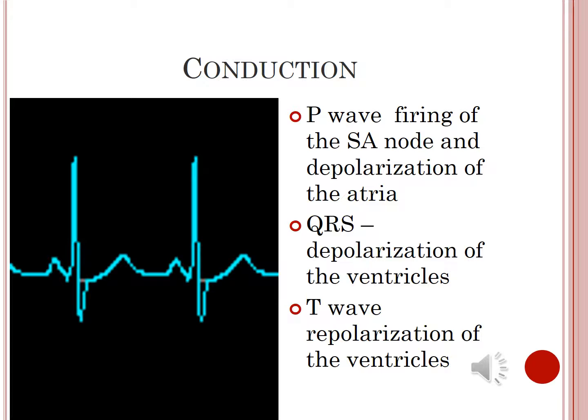That is considered the P wave. The P wave represents the firing of the SA node and the depolarization of the atria. So I put here in the notes at the bottom of this slide what depolarization means. Depolarization is the ability of a cell to respond to a stimulus by initiating an impulse.